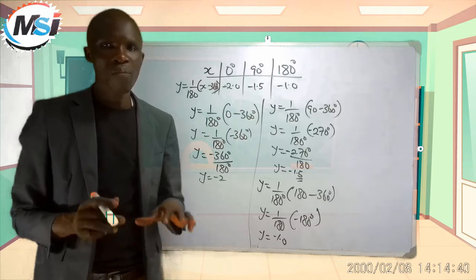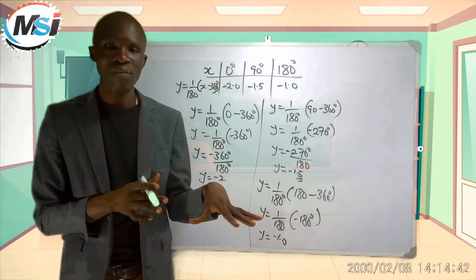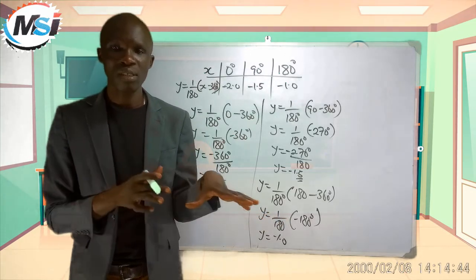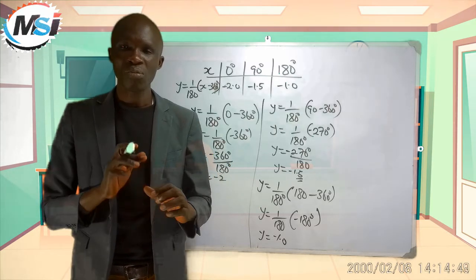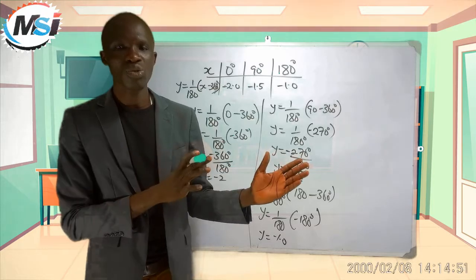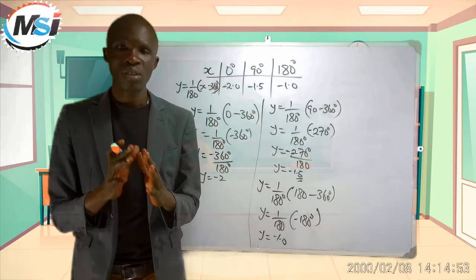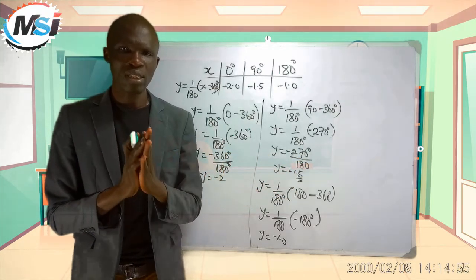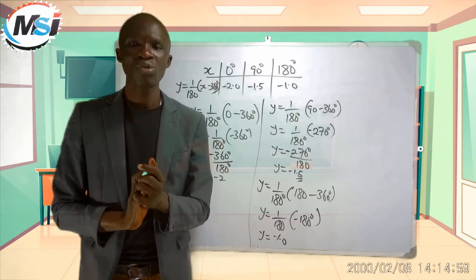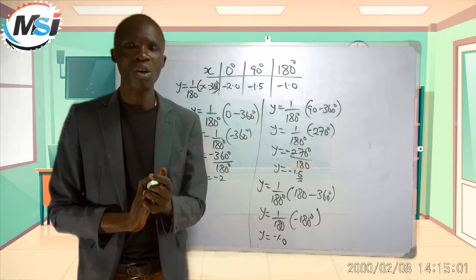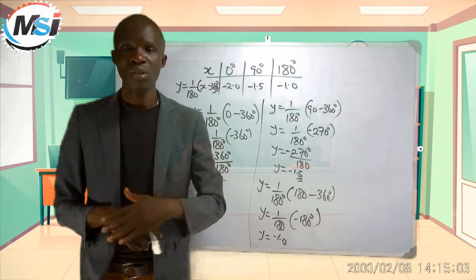Now before I take you to the graph, I need to explain some certain things with you, and I don't want you to get confused because I will still relate it to the graph. What we are looking at is the D part, value of x for which 2 cos 2x plus 1 all over 2 equals 0.